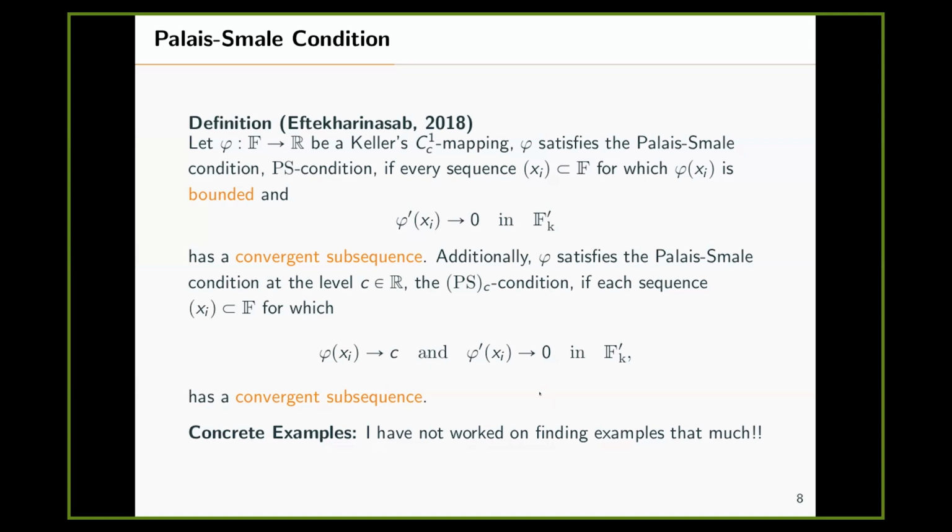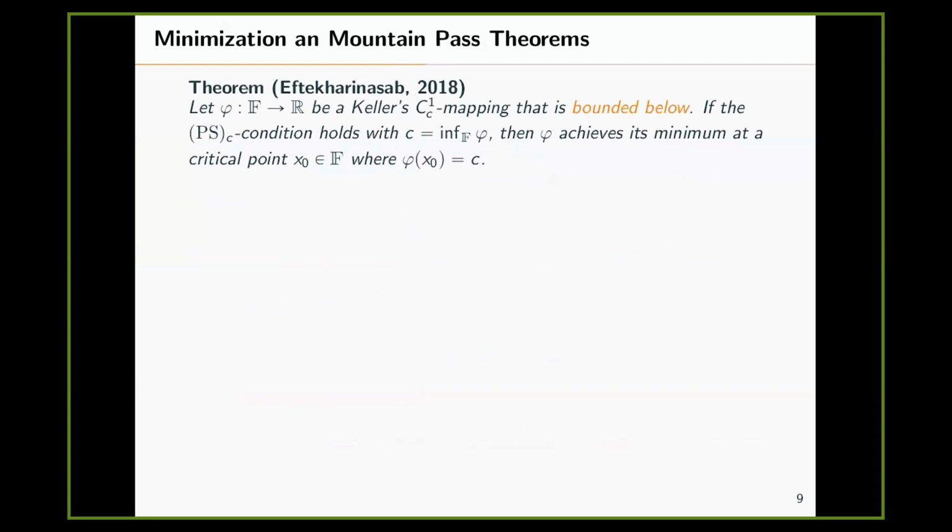So about the minimization theorem: if we have a mapping, or maybe it's better to say a functional, which is bounded below and satisfies the Palais-Smale condition at the level of the infimum, then there exists a minimizing sequence with a convergent subsequence that approaches the minimum of the functional.